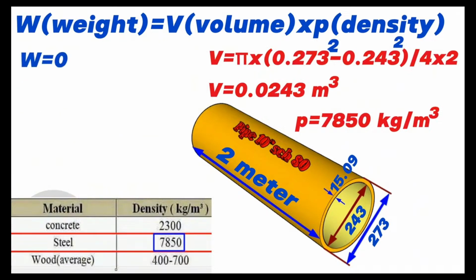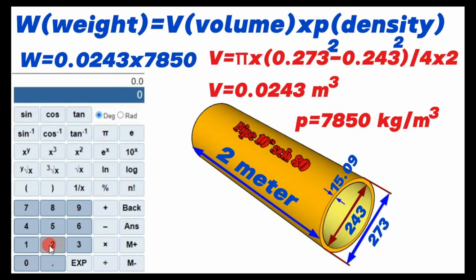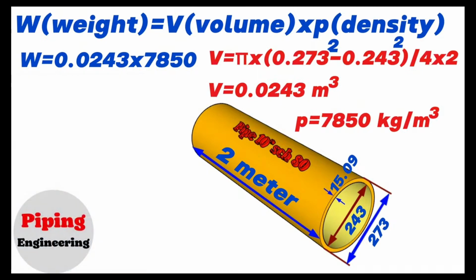Weight equals volume 0.0243 cubic meters multiplied by the density of the material of the pipe, 7,850 kg/cubic meter. Using the calculator, we find that 0.0243 multiplied by 7850 will be equal to 190. So, we calculated and found that the weight of the 10-inch pipe in our example will be equal to 190 kilograms.